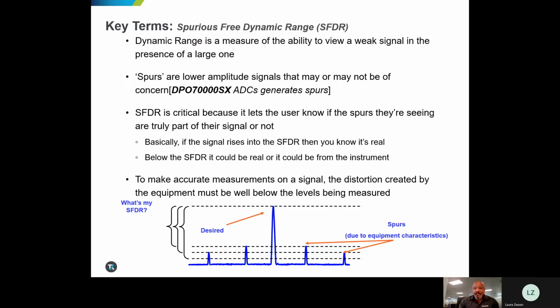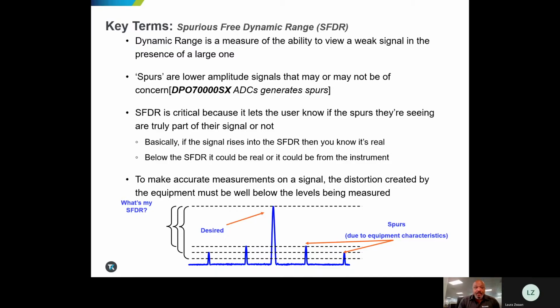So in this case, if you're measuring a square pulse or a very strong RF signal in the frequency band with frequency support, you want to ensure that you operate within the spurious free dynamic range of the unit so that your measurements are accurate and that your distortion is minimal.